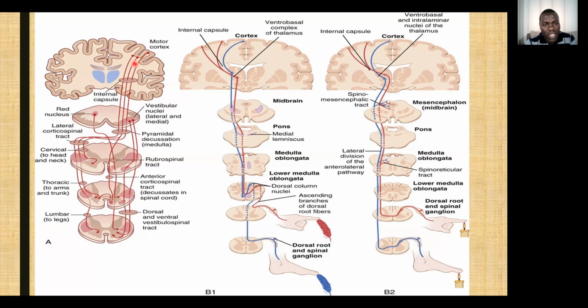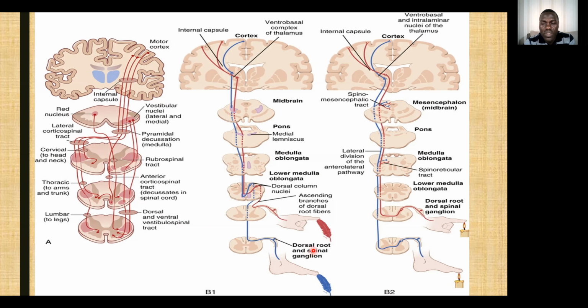But you'll remember they also decussate at some point. And that is why this side of the brain will control the muscles of this side of the body, and this side of the brain will control the muscles of this other side of the body. Because the upper motor neurons also decussate, and you can see the decussation there. To decussate is to cross over.